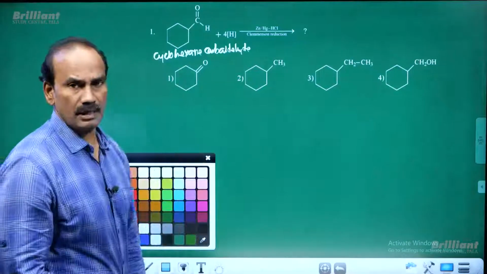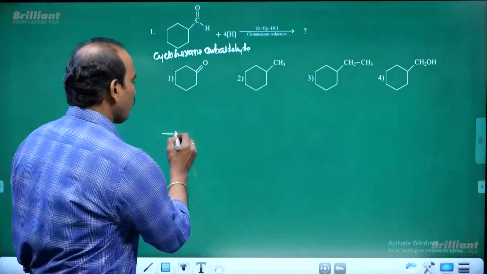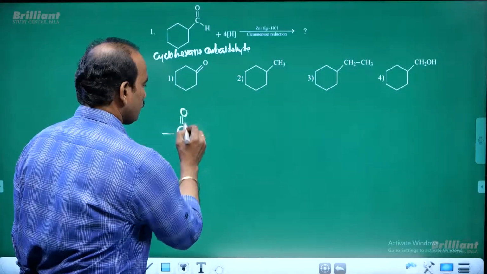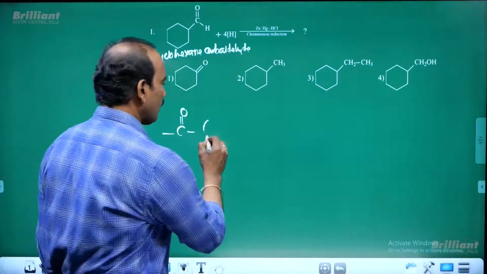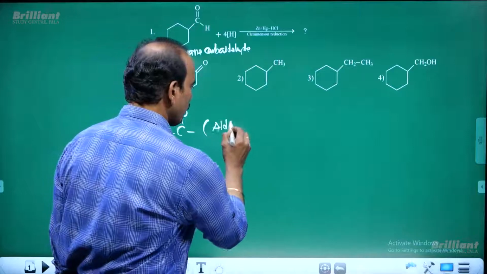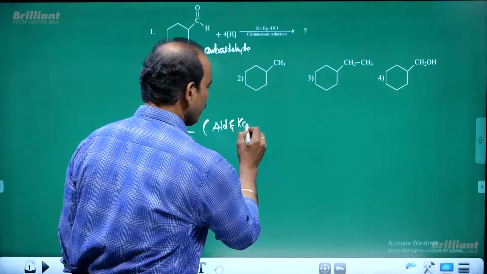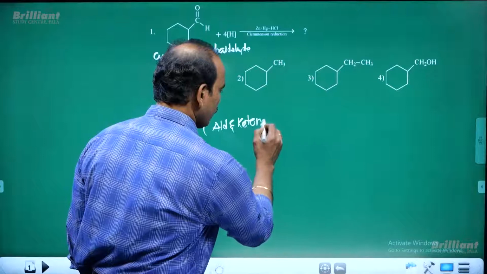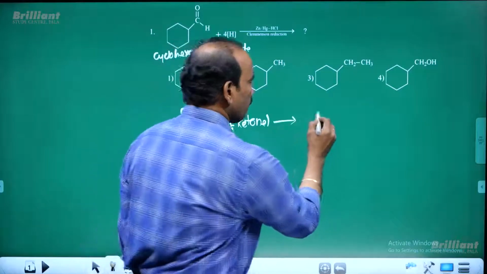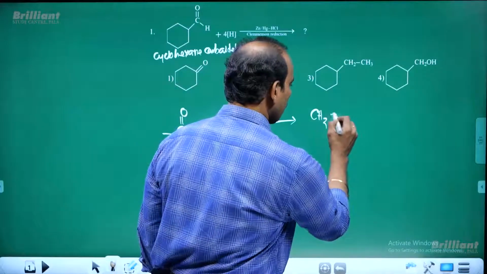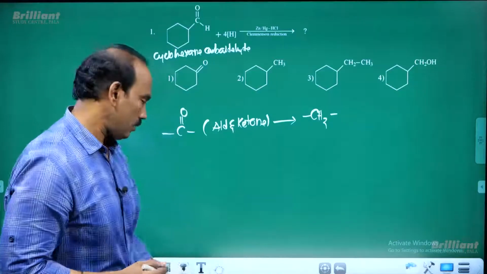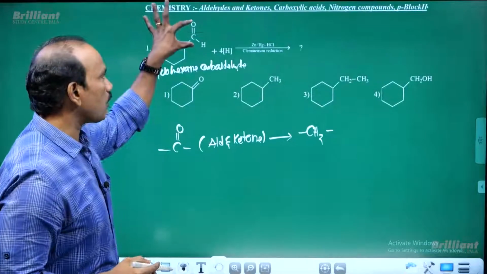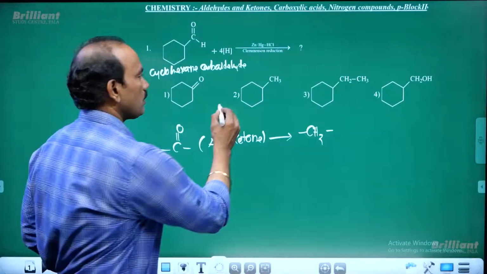Due to Clemmensen reduction, the carbonyl group present in aldehydes and ketones is reduced to a methylene group. So here this carbonyl group changes to methylene. This is the answer.